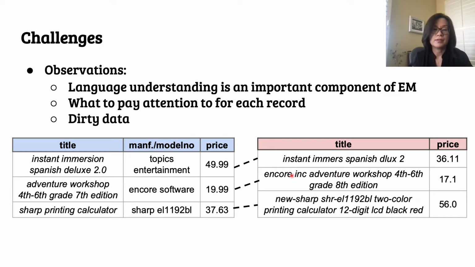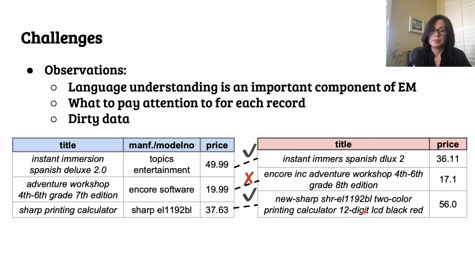In this case, in the second pair, we somehow need to know that the edition number is important here for making the non-match decision. And in the third pair here, the model number, even though one is found in a model column and the other is part of the text, is important here for making the match decision.